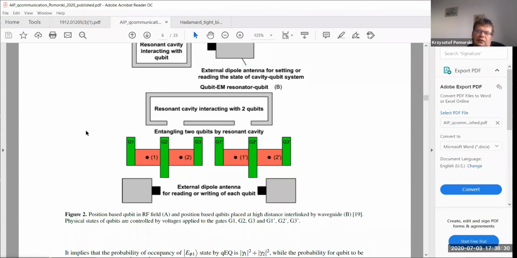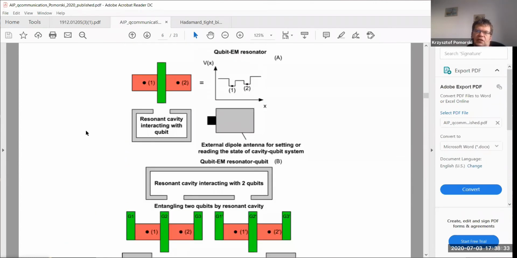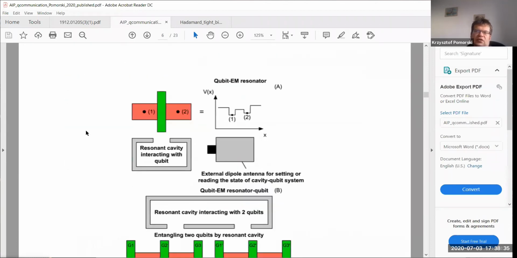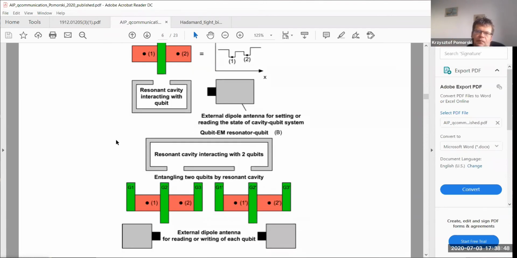This is not sufficient to have communication, because you need at least two position-based qubits. However, in such a configuration you will have entanglement of matter and radiation in such a form.